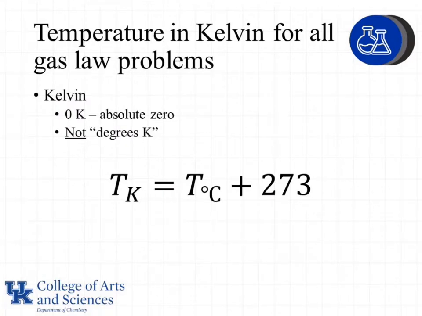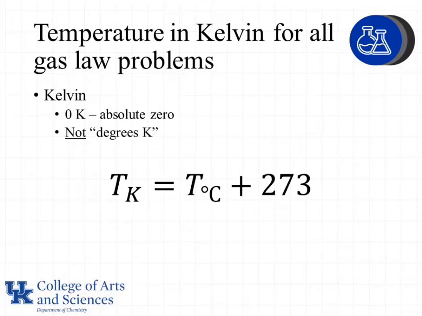Unlike many unit conversions, when we convert between two units such as milliliters to liters or feet to inches, we're multiplying or dividing by some factor to understand the relationship between them. Converting between Kelvin and Celsius is a little bit different because we are adding a number to it. Kelvin is the temperature scale often used in science, and so 0 Kelvin is absolute zero.